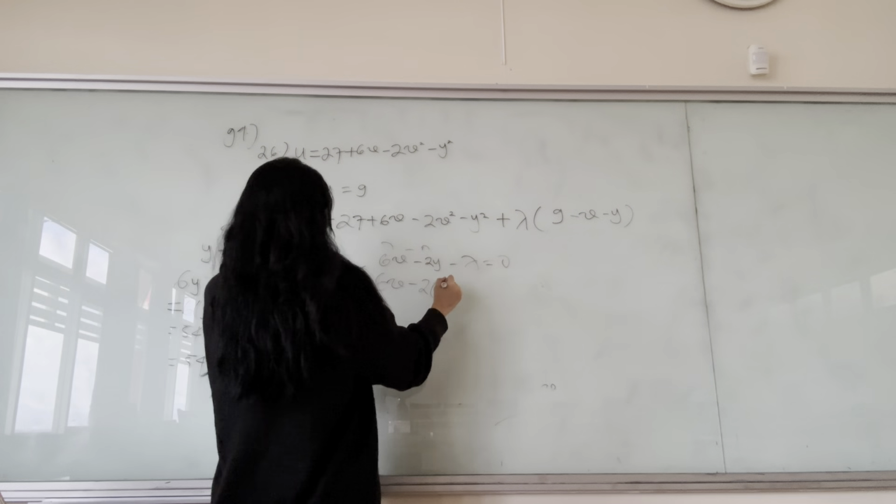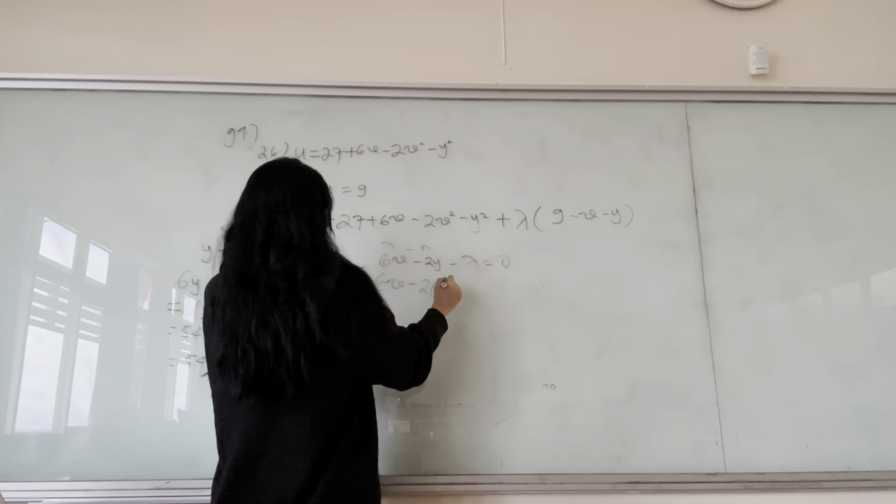So 16 is higher than 0. The conclusion is the discriminant is bigger than 0, and the second derivative of x is lower than 0.